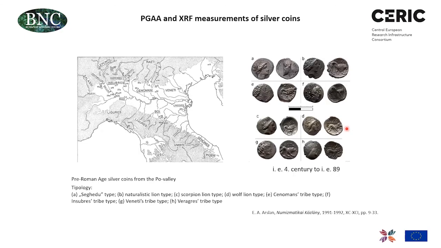One of these was a numismatic study with collaboration from the University of Turin. Here we looked at the silver content of these coins, which are visually assigned to different emperors of the Roman Empire or to local tribes which lived in the neighborhood.